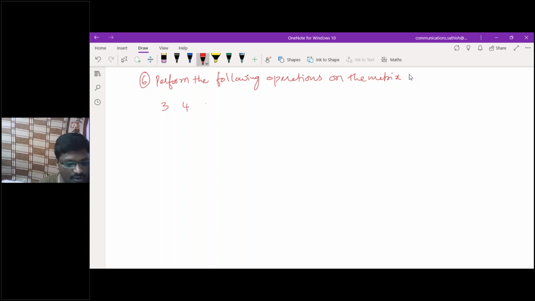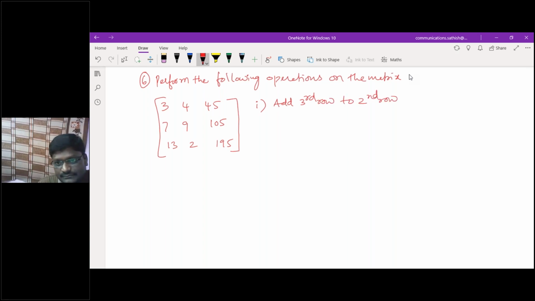That is, the matrix they have given you is 3, 4, 45, 7, 9, 105, 13, 2 and 195. The operations are: first, add the third row to the second row.